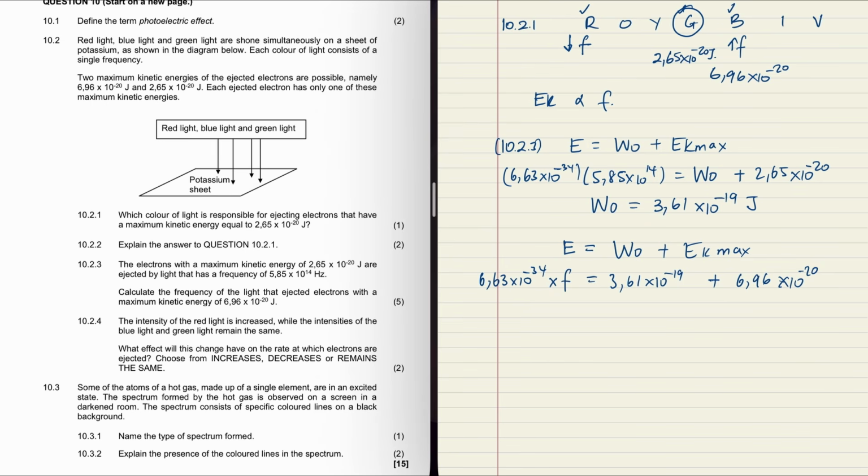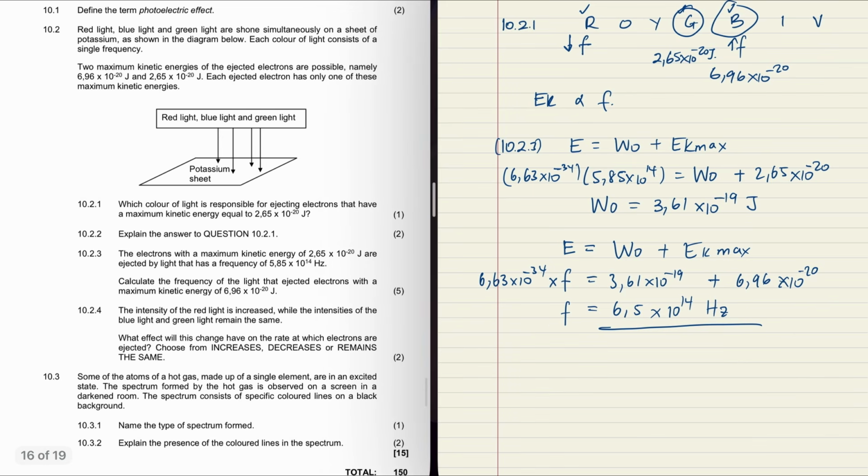This is now the frequency of the light that we are interested in. So frequency is therefore equal to 6,5 times 10 to the power 14 hertz. And that is expected. We expected a frequency that's higher because blue has a higher frequency than green.